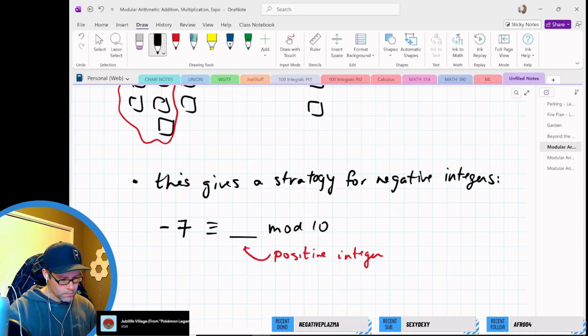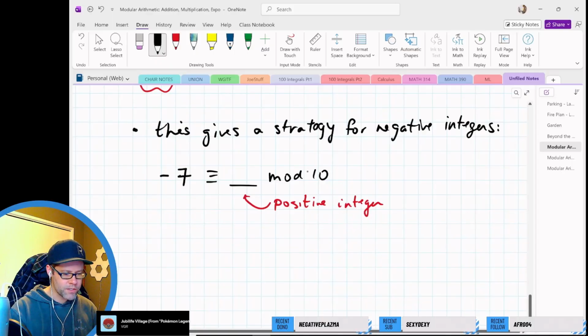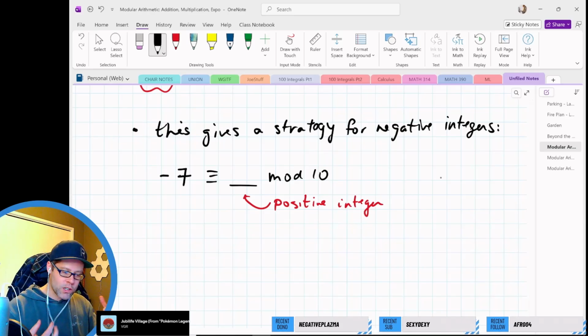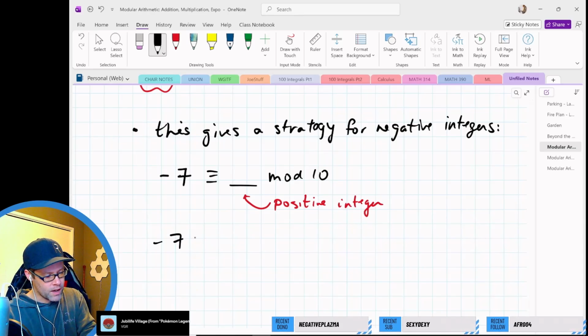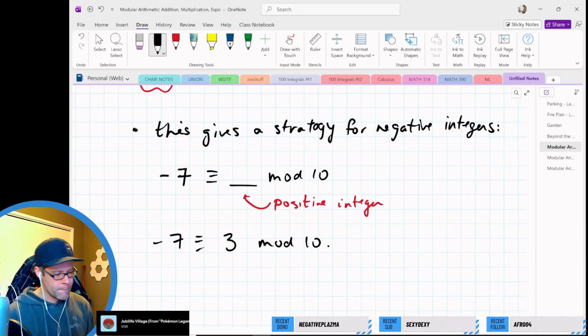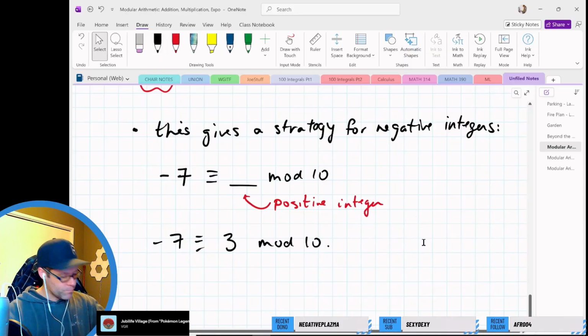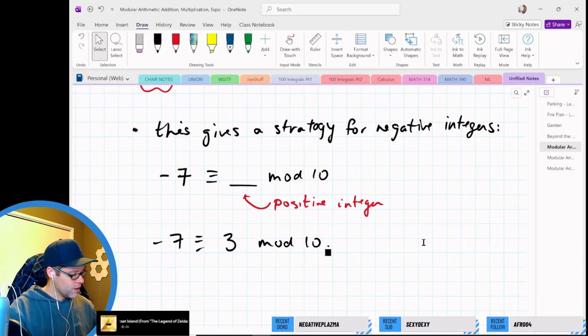I can always add multiples of 10, and that's going to ensure that the remainders we're working with stay similar. So negative 7, if I add 10 to that, tells me it should be congruent to 3 mod 10. So whenever you get negative numbers, you can always change them into positive integers using this strategy.